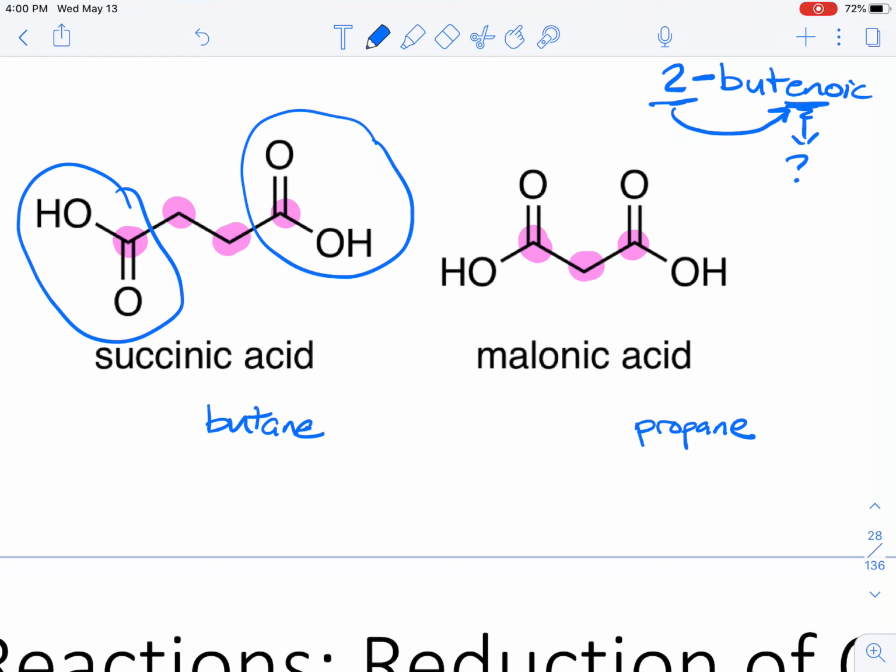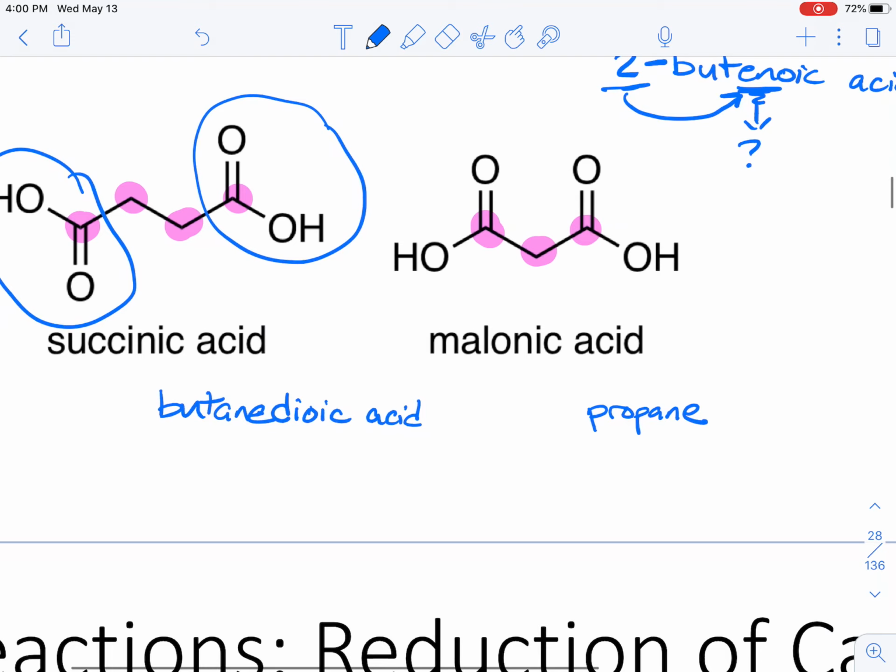You just say butanedioic acid. And then this is going to be propanedioic acid.